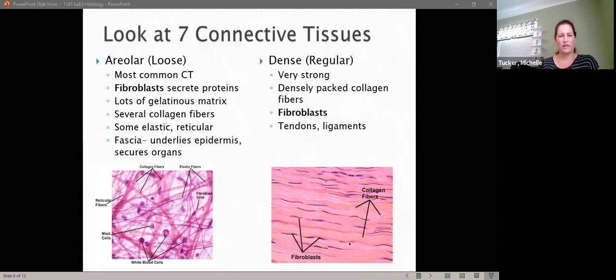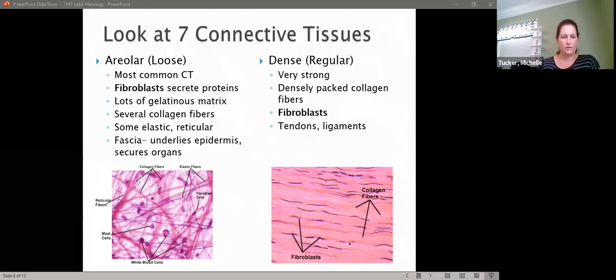Collagen fibers are very strong. They also tend to stain this kind of mellow pink color. We will also see some elastic fibers. Elastic fibers stain a darker purple, but they still have a fairly significant weight to them.